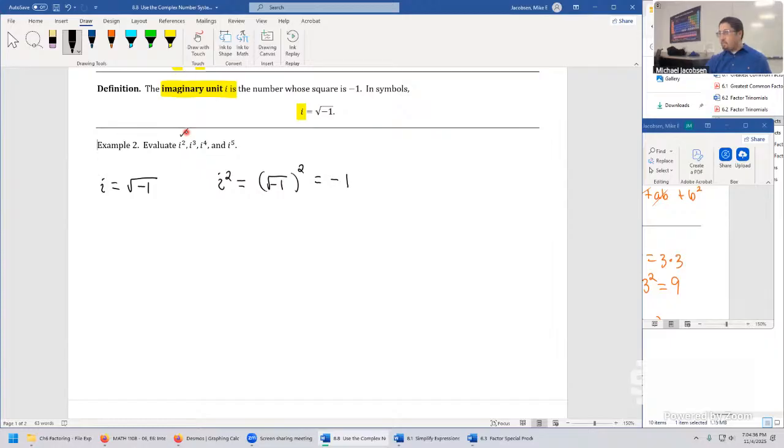So if we can do i squared, we can also do i cubed, but we have to start using exponent laws. Here's the trick to make this happen. We break this down into something we know and just compute from there. i cubed can be factored as i, we know what that is, that's square root of -1, times i squared. So if we were to expand this out, this would be i times i squared, which on the row above became -1.